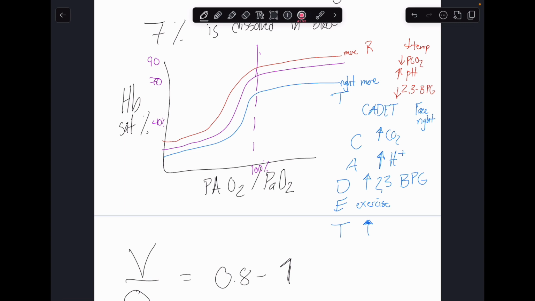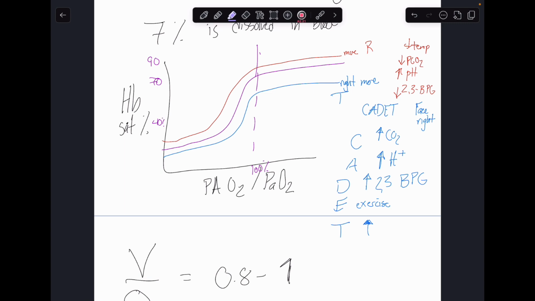With hot temperature, we'll shift to the right, which will cause oxygen to fall off more easily. Cold, it stays on. And then also the Bohr effect, it's with pH. Also gives us a right shift. So yeah, this V/Q thing we're going to do.